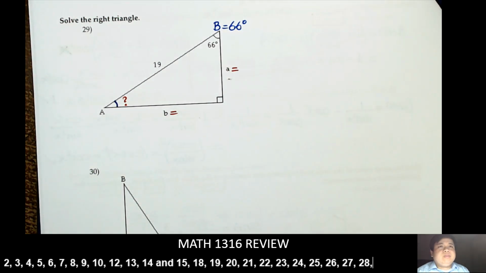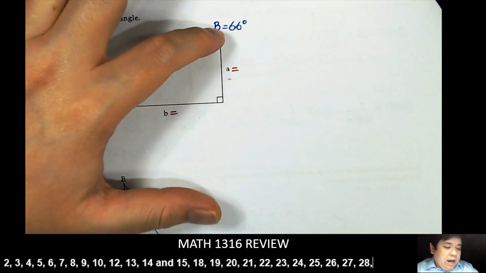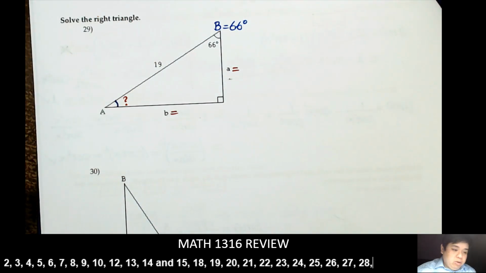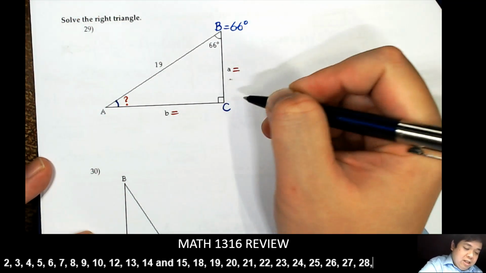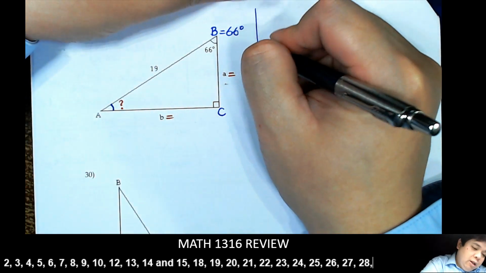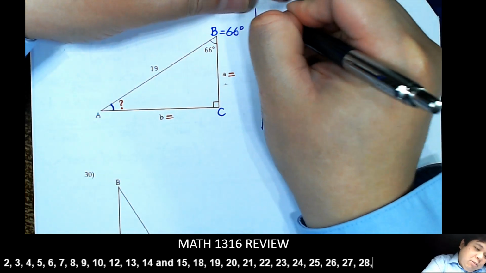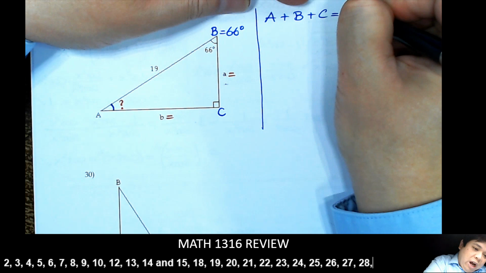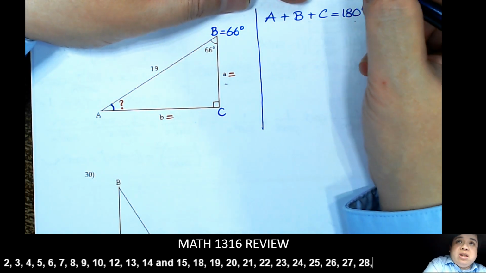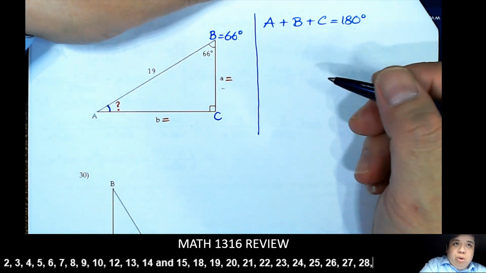Right, first, A plus B plus C is 180 degrees. By the way, we assume that this is going to be C, the right angle. So when we are given two angles, we know the remaining angle.